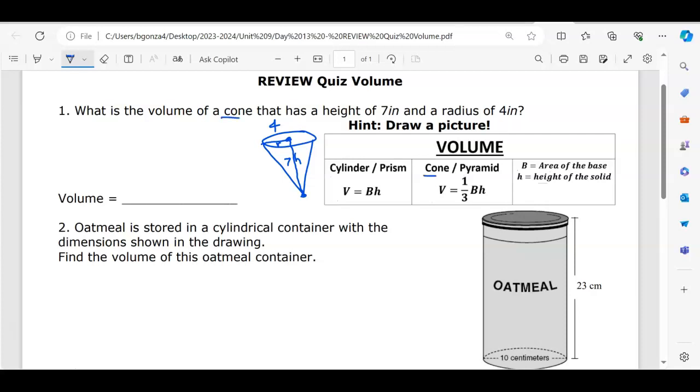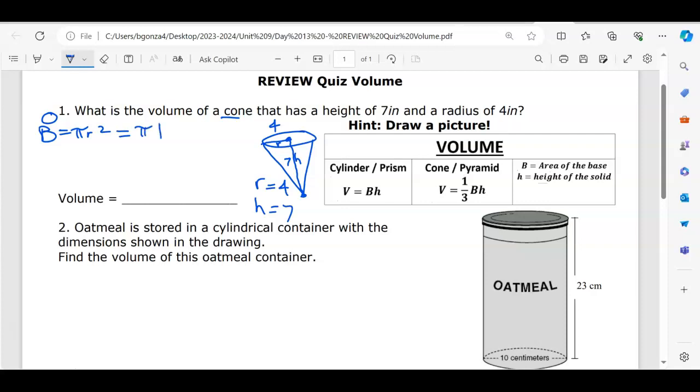So remember, a cone is 1/3 BH. So to figure out B of a cone, which is a circle, so a circle base is pi r squared. Hopefully you know already that r is 4 and h is 7.